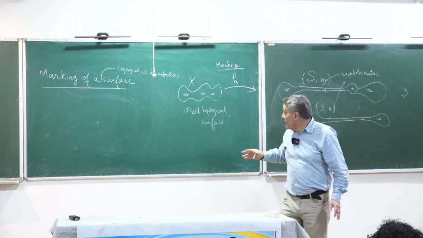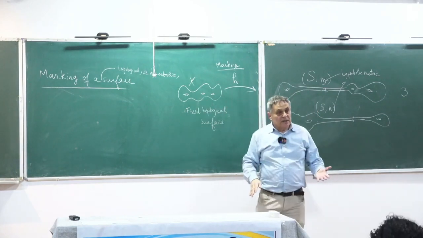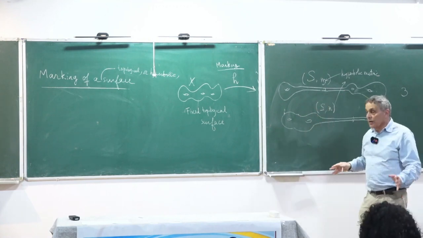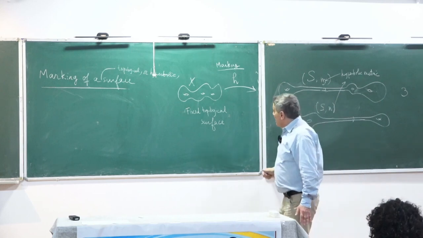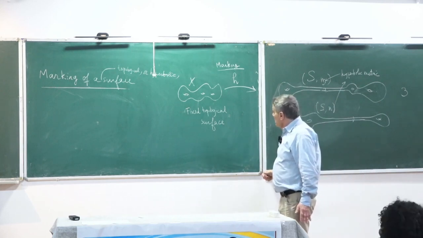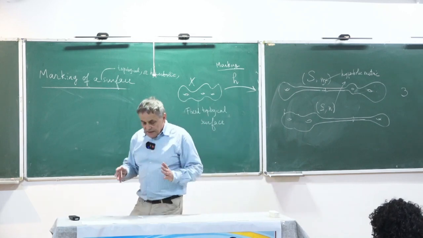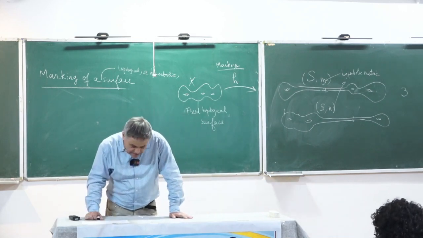I will not put any geometric structure on this. So before putting the geometric structures here, I need a marking, and I will tell you why. Okay, let me give a reason in advance.